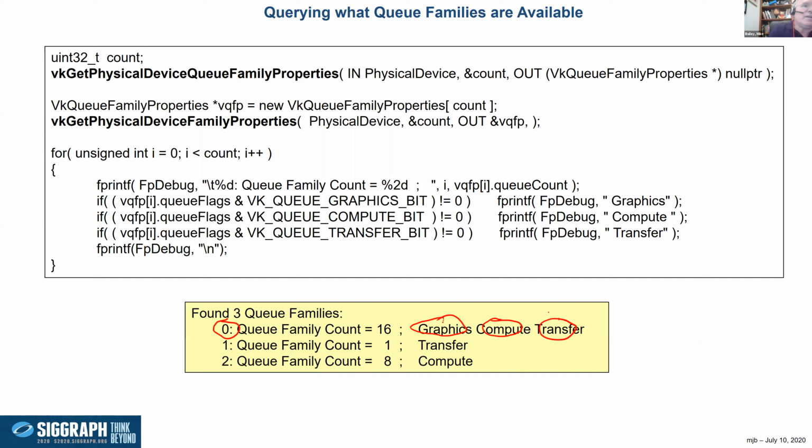And we've already seen a transfer command when we were copying from the host visible memory to the device local memory for textures. Okay, and it prints this out in the sample code so you can see what your system does. But the point is, different command queues are set up different ways, and you just have to make sure you're using one of the correct ones.